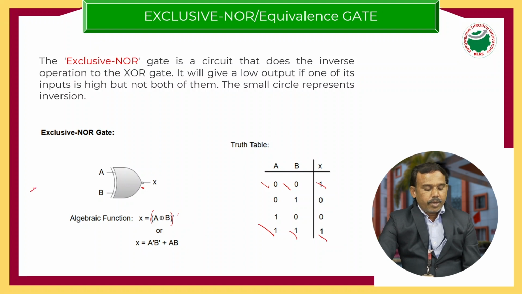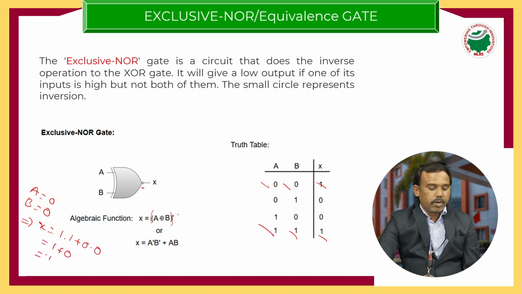See the example, if A equal to 0, B equal to 0, then x equal to A complement 1 into B complement 1 plus 0 into 0, then 1 plus 0 equal to 1.